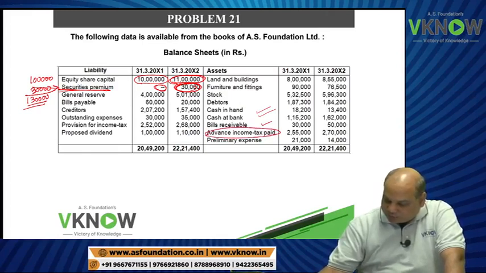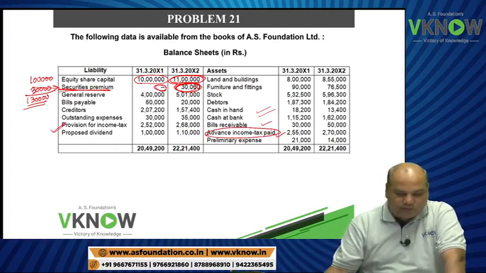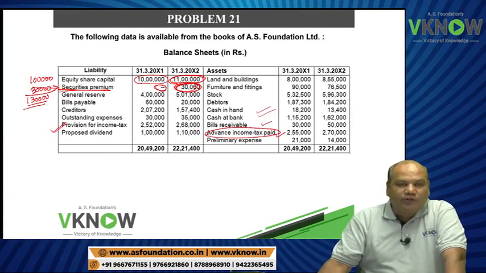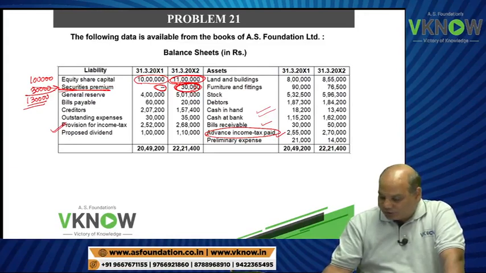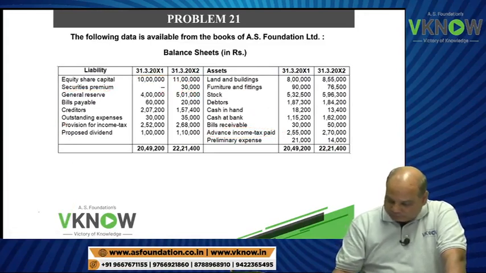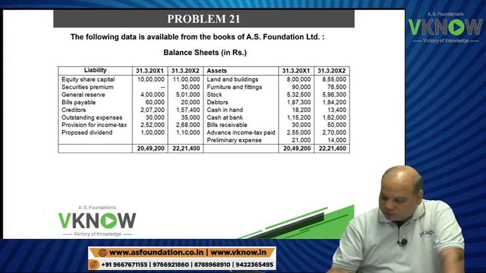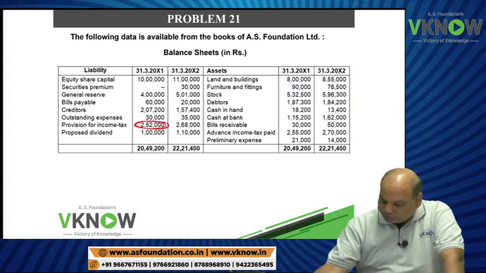Advance income tax paid, tick mark, and also tick mark provision for income tax. On the liability side, we have provision for income tax. On the asset side, we have advance income tax paid. Is it right? Last year provision for taxation was 2,50,000.